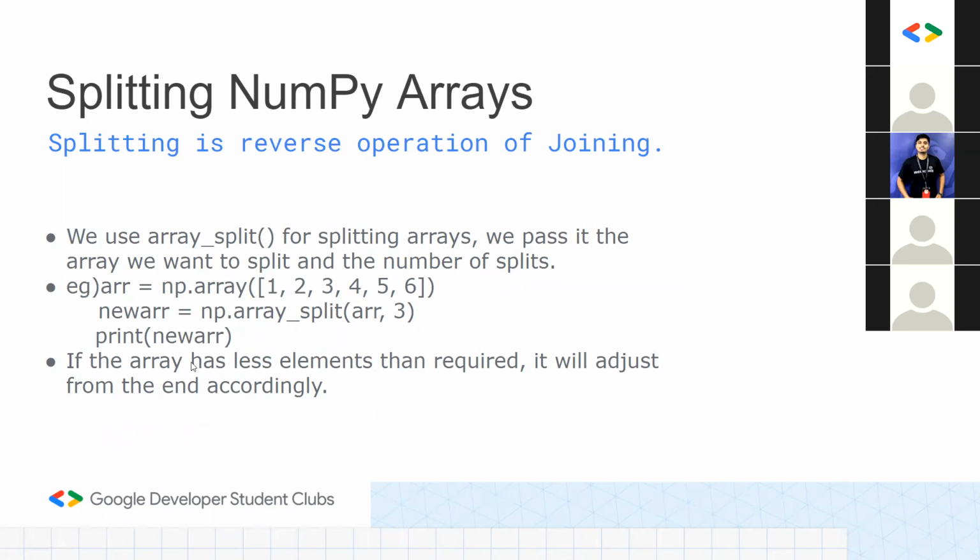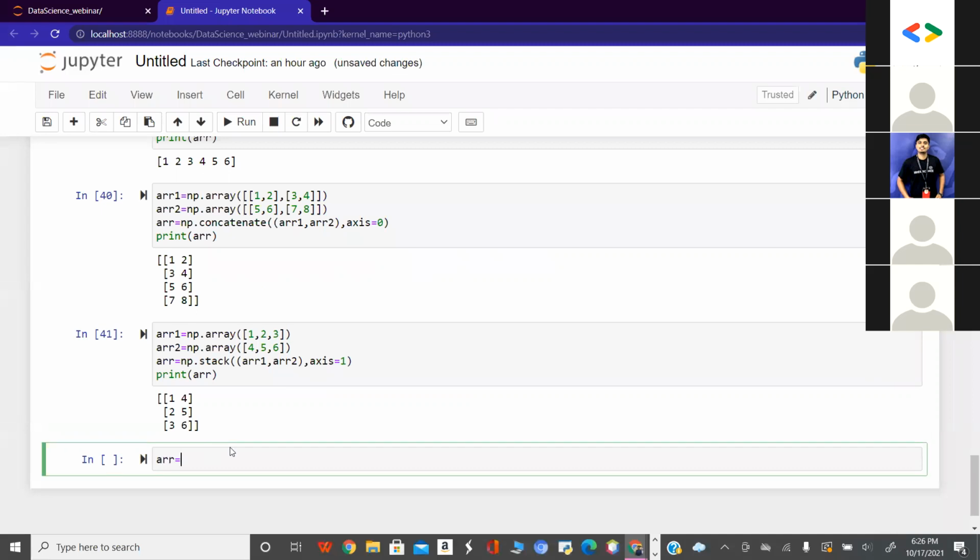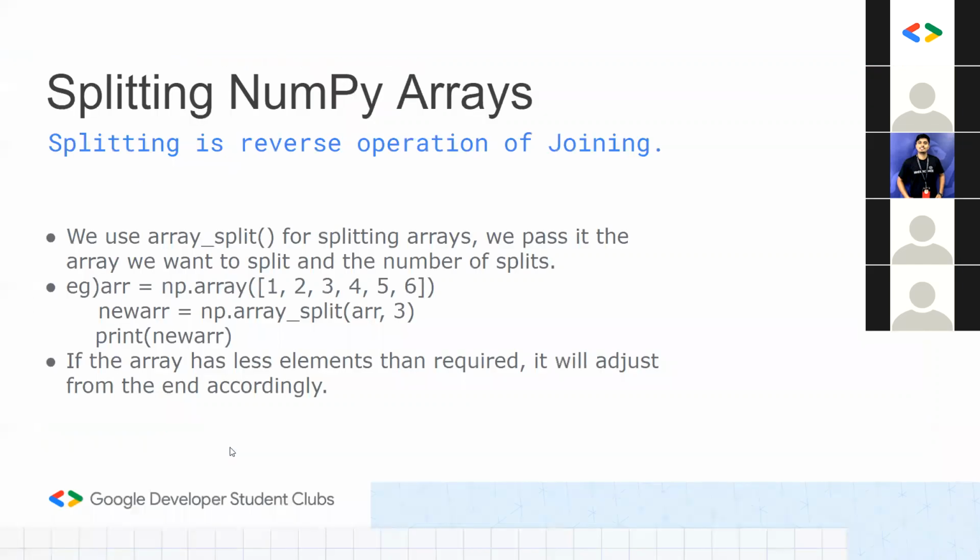Let's take a small example. This is basically the opposite of joining. Let's consider this example. Here we use the built-in function called array_split.